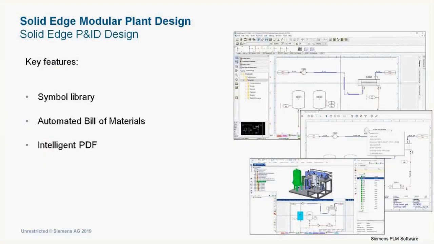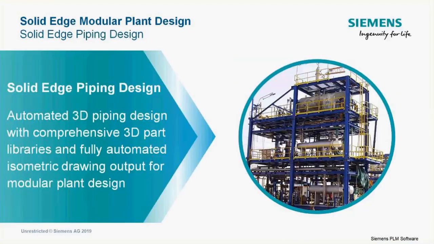Some of the key aspects there is we provide you with an extensive symbol library for the P&ID symbols that meet regional industry standards, as well as being able to create bills of materials from your P&ID, and also being able to communicate this information through a standard format like a PDF that doesn't require special software to be able to read or communicate your designs with other members of your team or even members outside of your team.